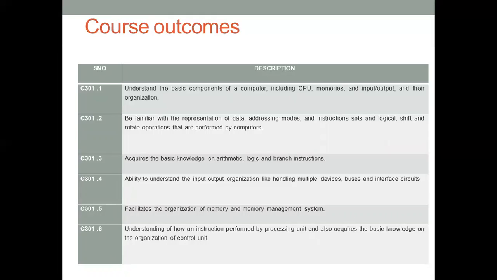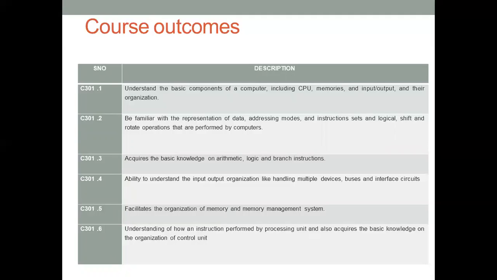Course outcome number 3: the student will acquire the basic knowledge of arithmetic, logic, and branch instructions. So these will improve his or her programming capability. So how the arithmetic and logic instructions are performed, how to perform a loop, how to introduce a delay.